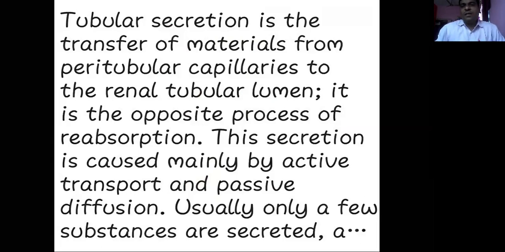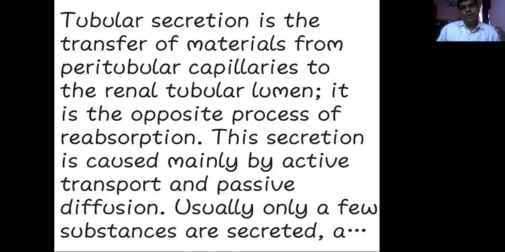Tubular secretion is the transfer of material from peritubular capillaries to the renal tubular lumen. It is the opposite process of reabsorption, and this process of secretion is caused mainly by active transport and passive diffusion.